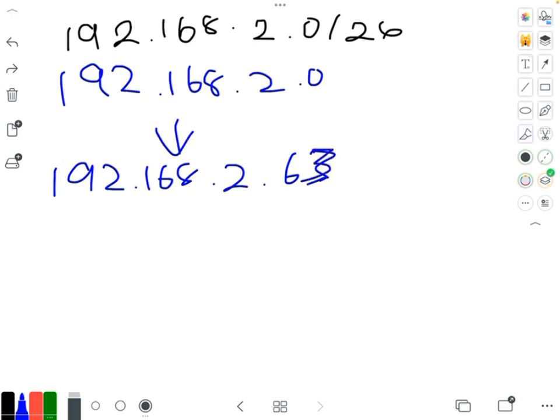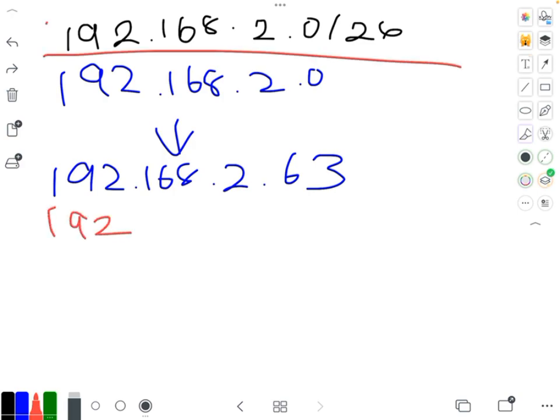Oh, not 64, 63, my bad. The reason it's not 64 is because .64 is our next subnet.